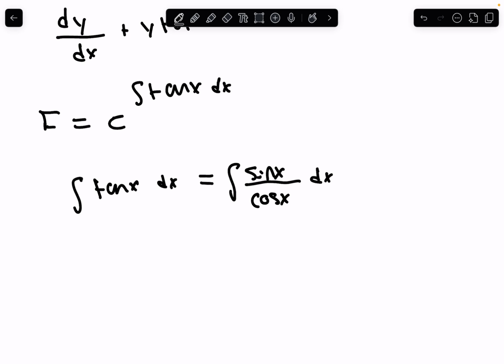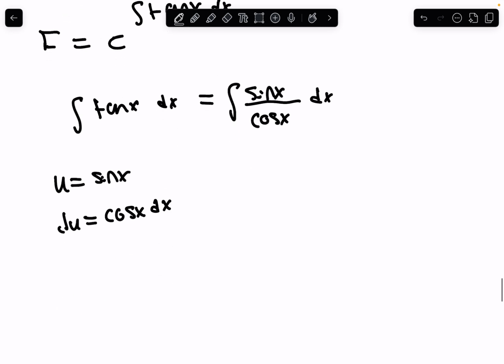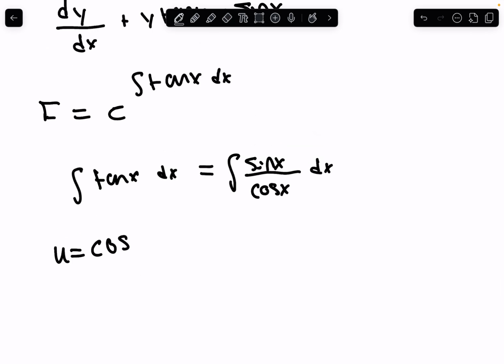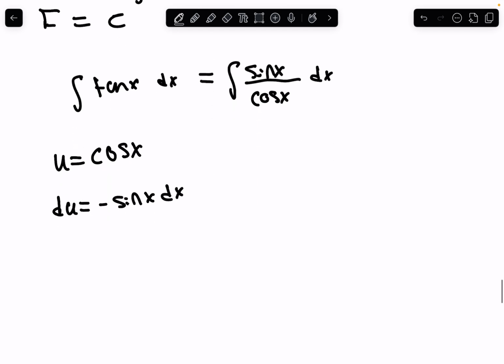So you want to eliminate the denominator, so you let u equals sine x, du equals cosine x dx. So it's going to be the integral of u divided by cos x. No, actually it's the exact opposite. No, you're letting u equals cosine x in this case. u equals cosine x, du equals negative sine x dx.